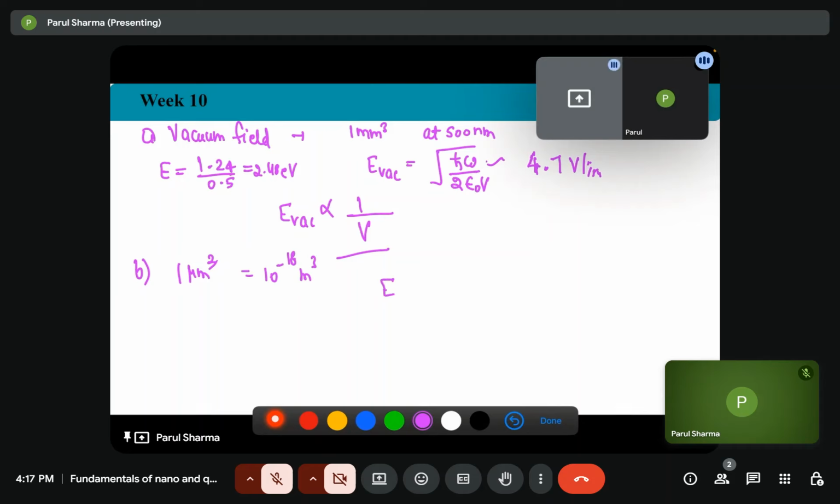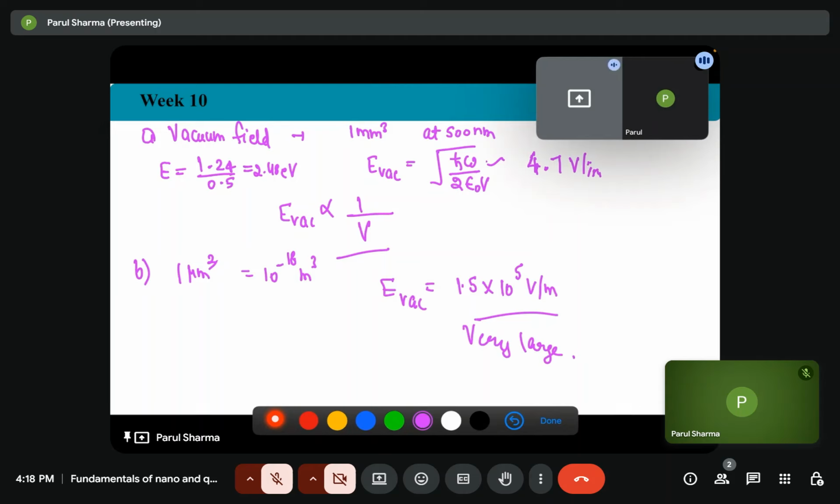So if we calculate the E vacuum, the electric field in vacuum, it will give us 1.5 into 10 raised to power 5 volt per meter. So it's a very large electric field when the volume is small.